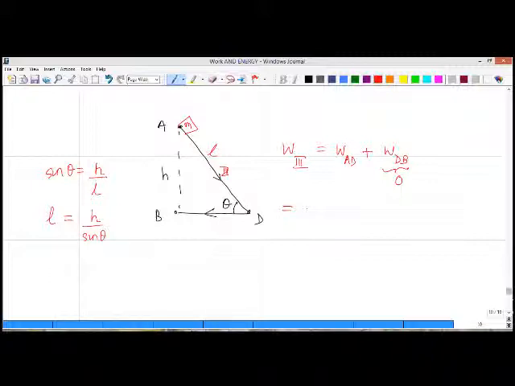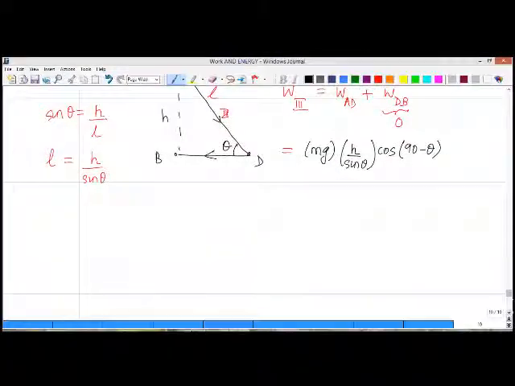Alright, so we have all the components, and what we know is that the force is mg, the length is h over sine theta, and the angle that it makes is nothing but cosine of 90 minus theta. Now, we have a simple trig identity. You can just prove it very quickly.